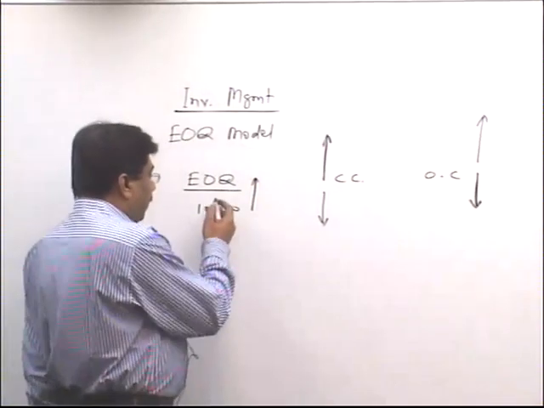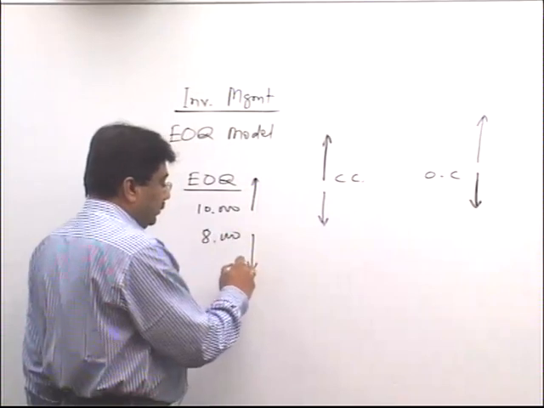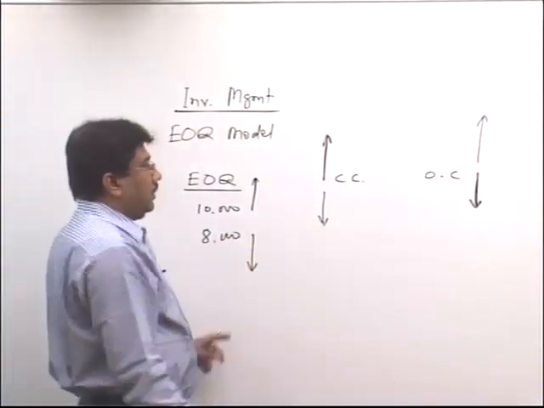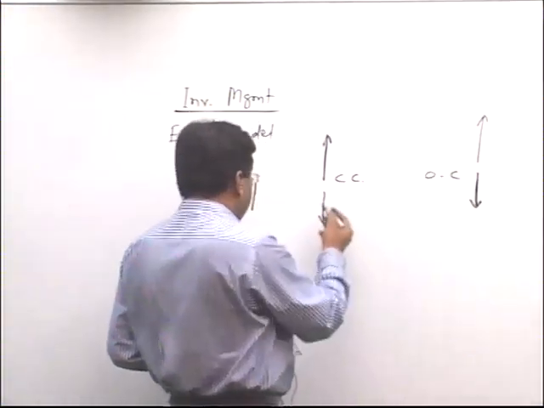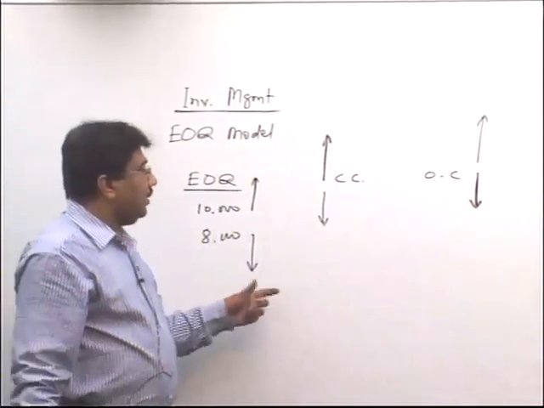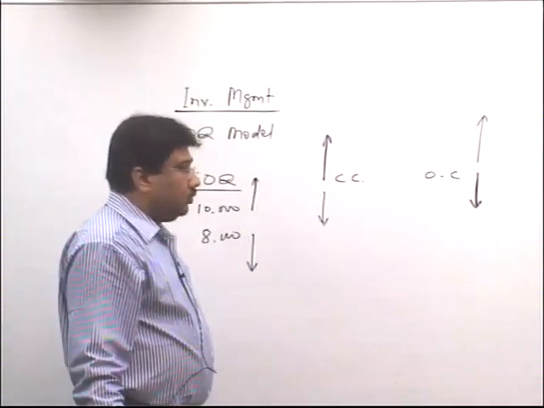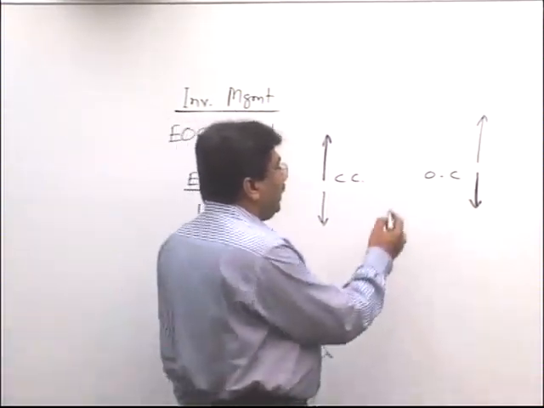For example, if you reduce the quantity ordered to say 8,000, then the ordering cost will go up and carrying cost will go down. So we are in a dilemma about which quantity should be ordered. So we have to do a balancing act.